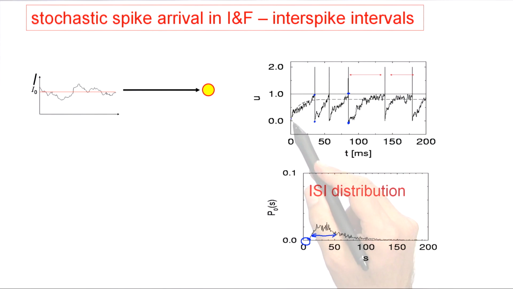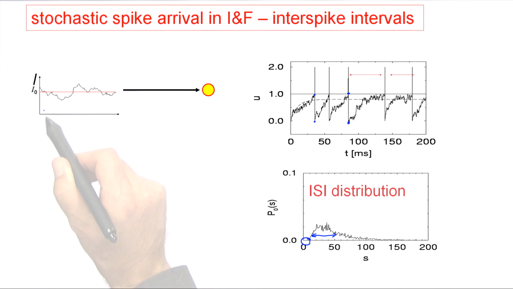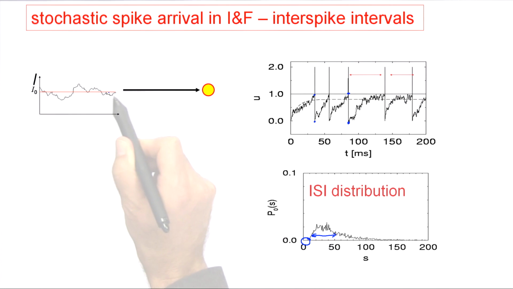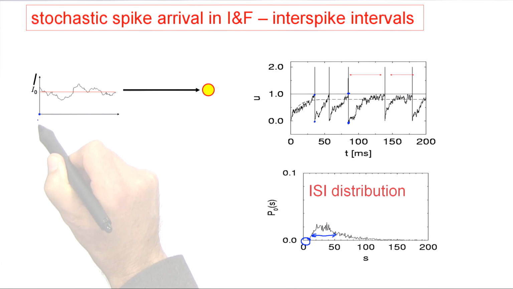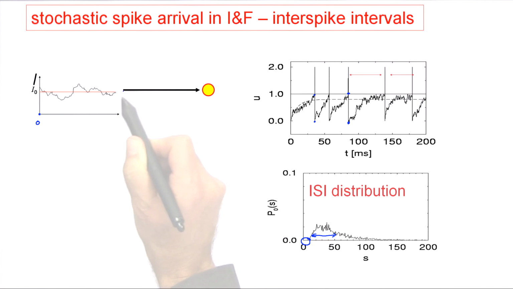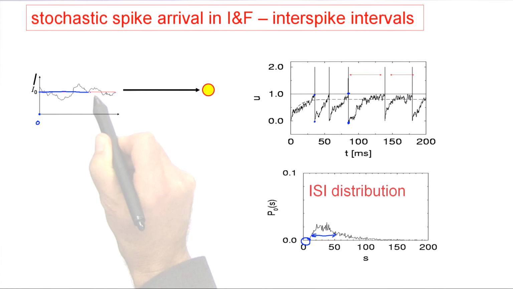Now, what I've plotted here with a dashed line is what you would get with a current that's just the mean current. The current is switched on at 0, and then it has a constant value I0.